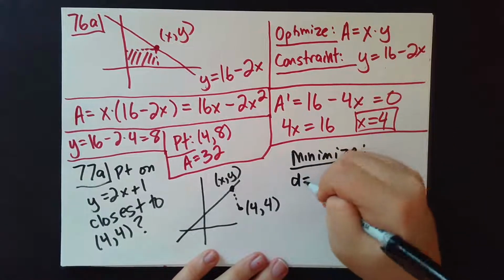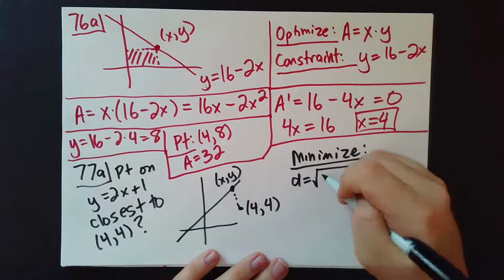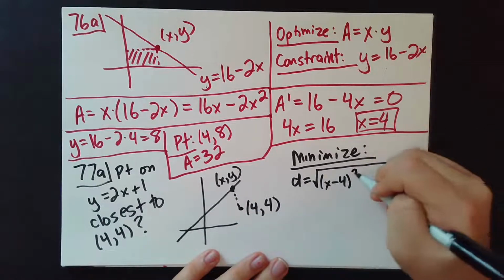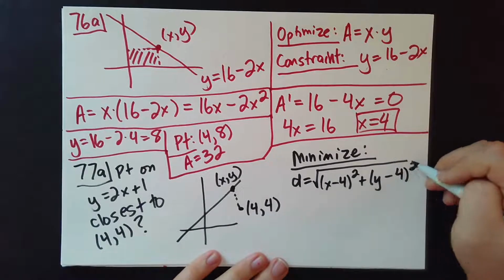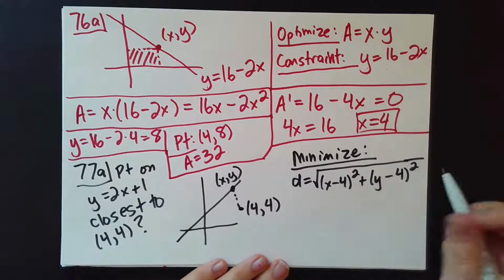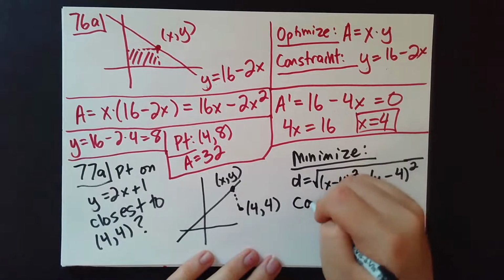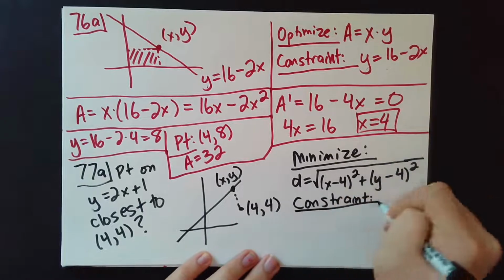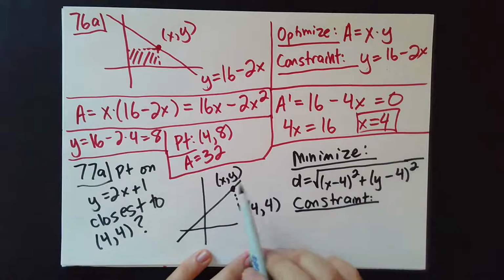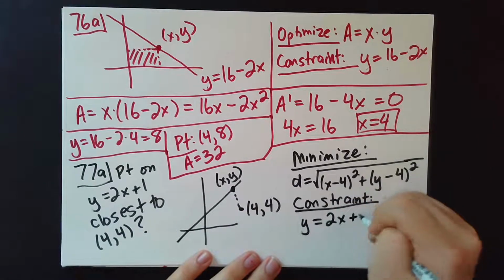So d equals the square root of x minus 4 squared plus y minus 4 squared. And we're doing that subject to the constraint, again, that the point I'm looking at is on the line, so that is that y is 2x plus 1.